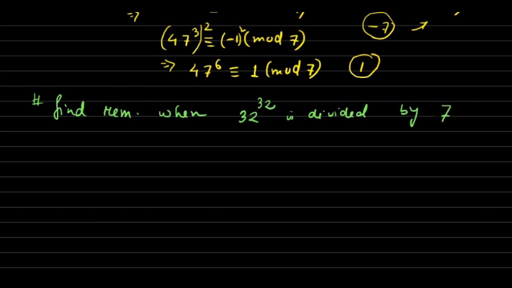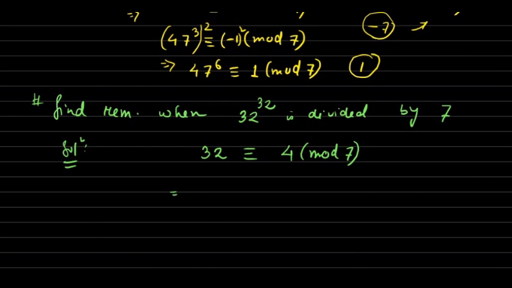Okay, let's find it quickly. Let's think about a number. The smallest number is 32. 32 is divided by 7. So what will be the remainder? The nearest value will be 28. That means we are having 4, right?